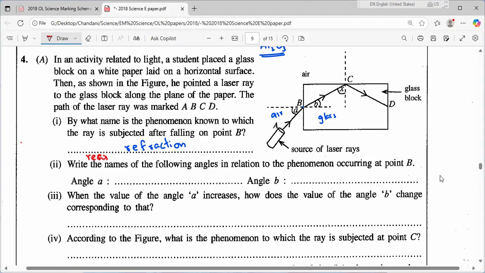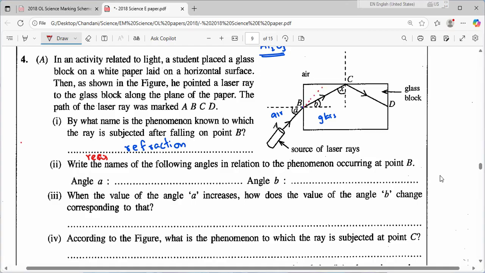So the speed of light in the air medium and the glass medium are different. Because of that, when the light is entering from one medium to another medium, it is bending. Here you can see it's bending.